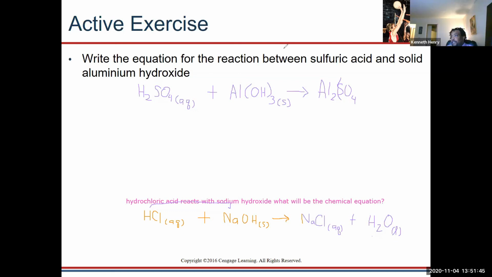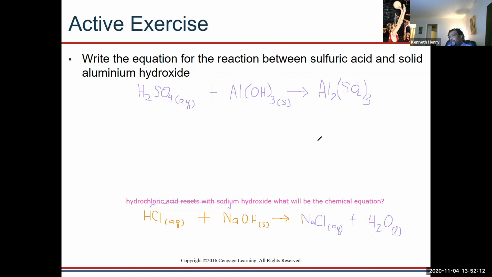Oh, what about your SO4? Would it be 3? Oh, 4. And then parentheses 2? Are you sure? No, 3. It'd be 3 because sulfate is a -2 charge and aluminum is a +3 charge.